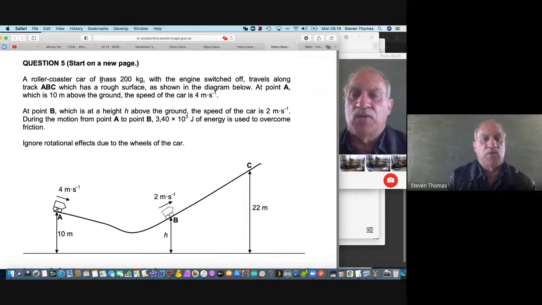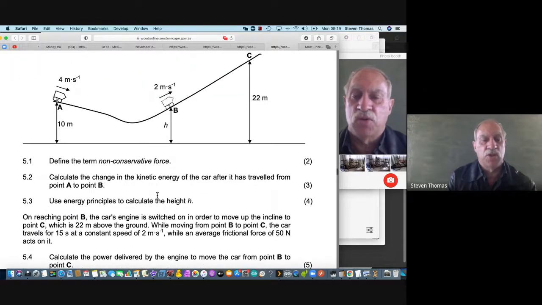Okay, so let's do that again. Half of the mass is 100 times v squared is 16, so 1600 joules of energy to start off with.